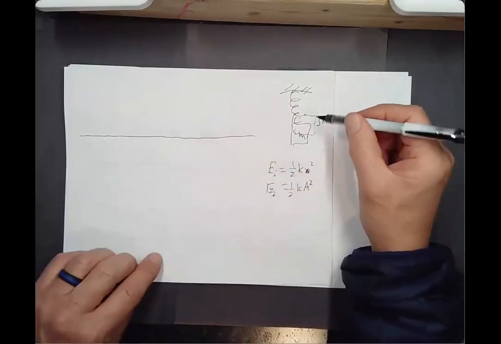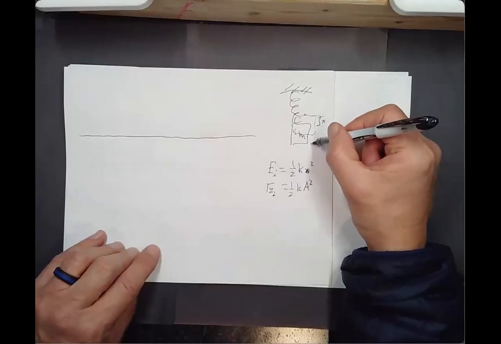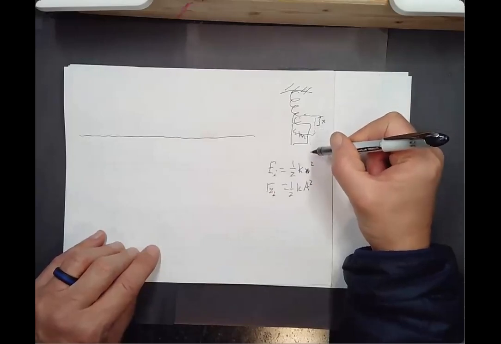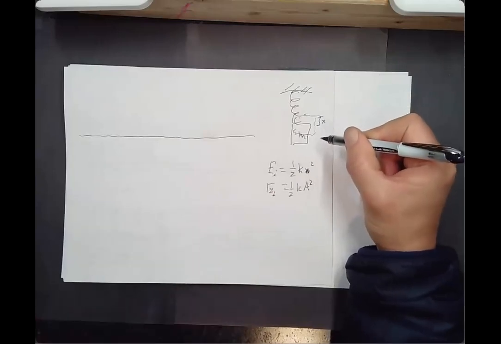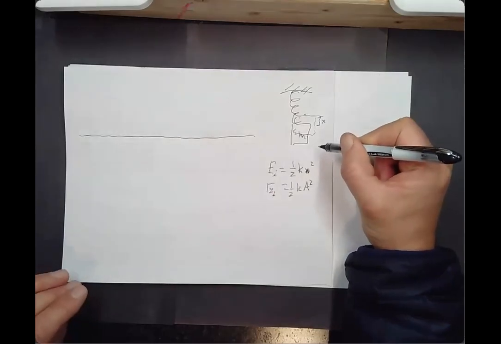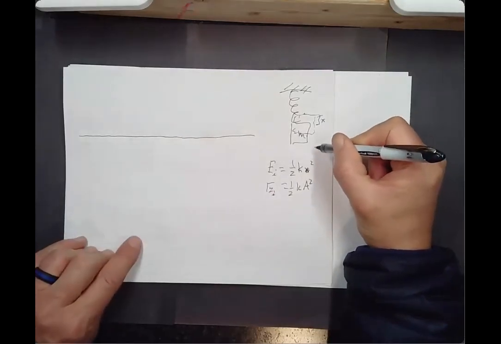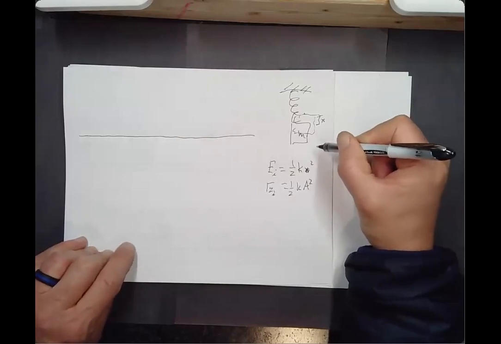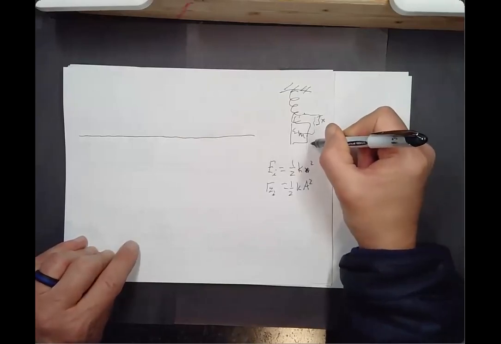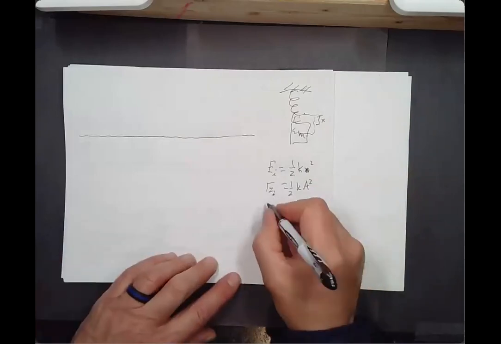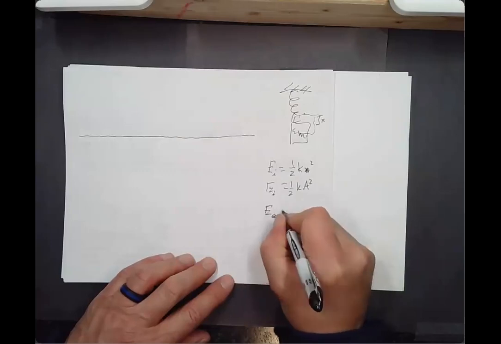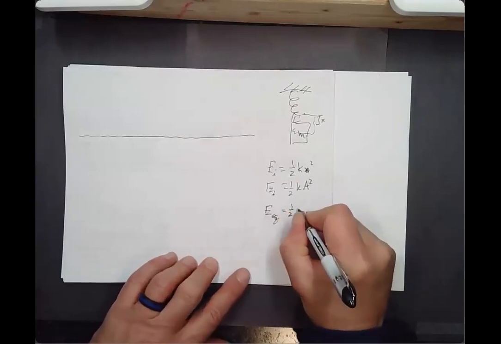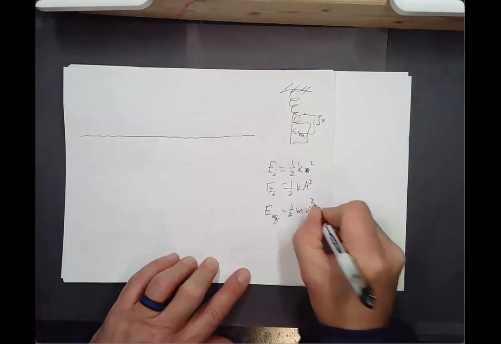Now you let it drop down. When it gets down to the equilibrium position, it no longer has any spring potential energy because the spring is back to its equilibrium position. This is a little bit complicated by having gravity in there, but as I said, it drops out. What you've got there is kinetic energy, so the energy at equilibrium equals 1/2 mv squared.